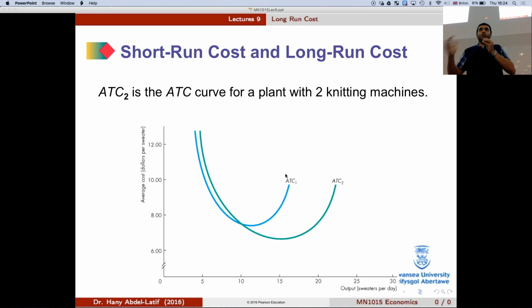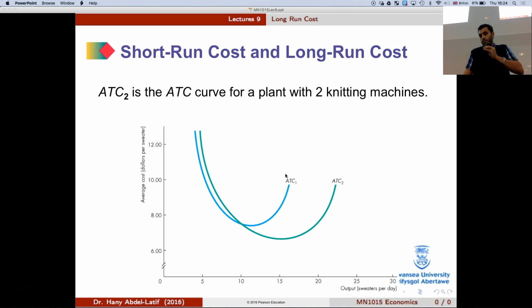We didn't change it; for plant 1, we have only one machine. As you increase the labor you hire, the marginal product of labor will be decreasing, and that's why we have diminishing returns to labor, and that's why we have this U-shaped average cost curve. So if we do this for each one of those plants, we will have a set of short-run cost curves.